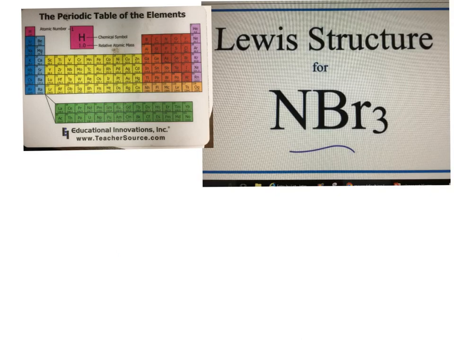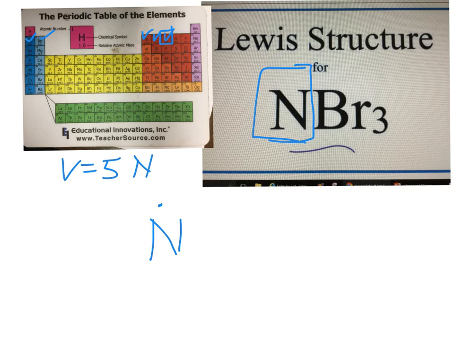Now let's do a Lewis dot structure where two elements bond. Nitrogen is right here, and you have 1, 2, 3, 4, 5 valence electrons. Your valence is 5 for nitrogen. So nitrogen is going to have 5 dots.